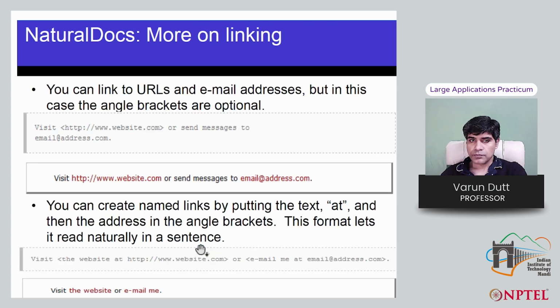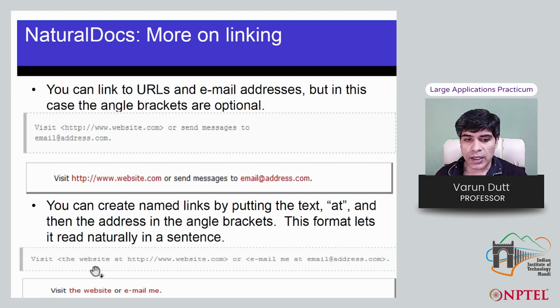There are more things you can do in linking in Natural Docs. One other thing you can do is hyperlink websites by writing an opening less than sign, the name of the website or an email address, and a greater than sign, and you can see that these constructs appear in this manner, where you can see the website and also the email address.